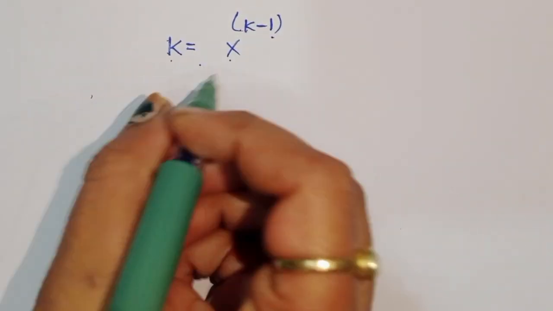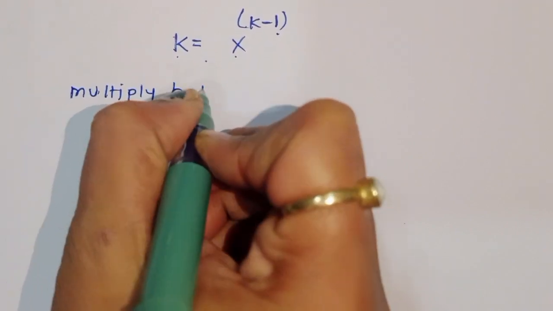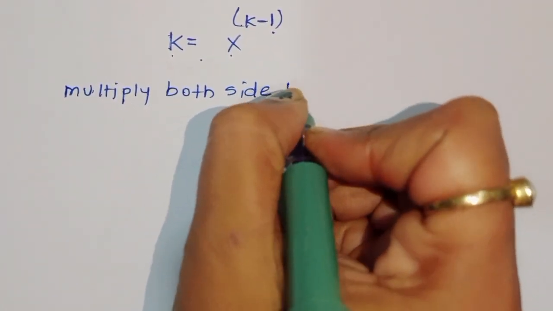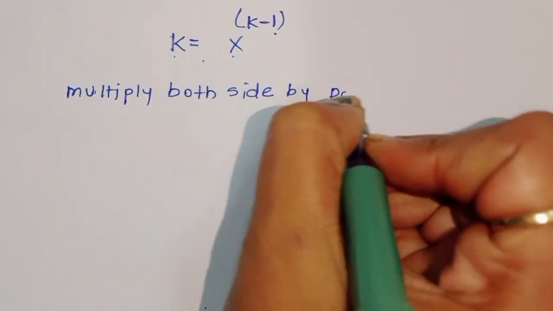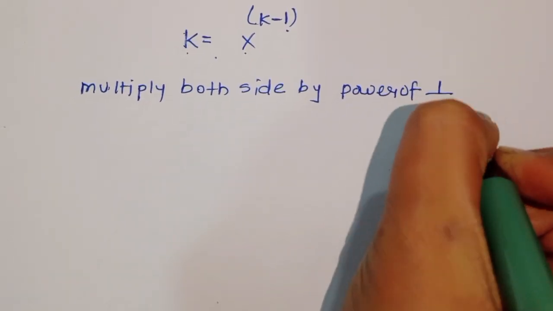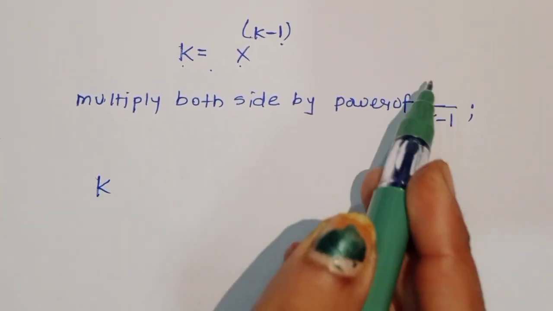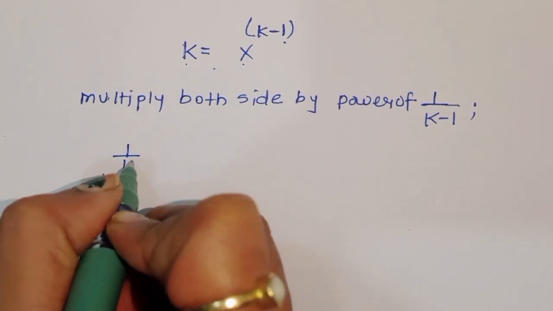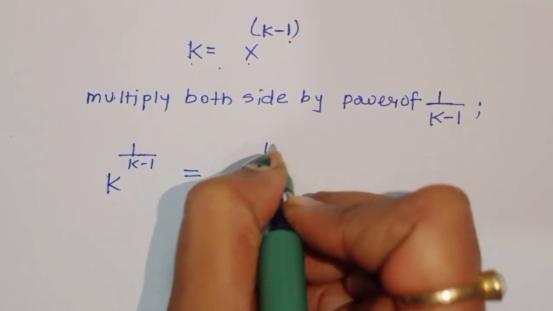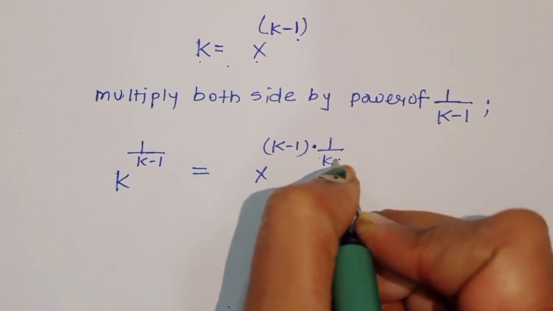Now we can multiply both sides by the power of 1 upon k minus 1. Then we will get k power 1 upon k minus 1 is equal to x power k minus 1 times 1 upon k minus 1.